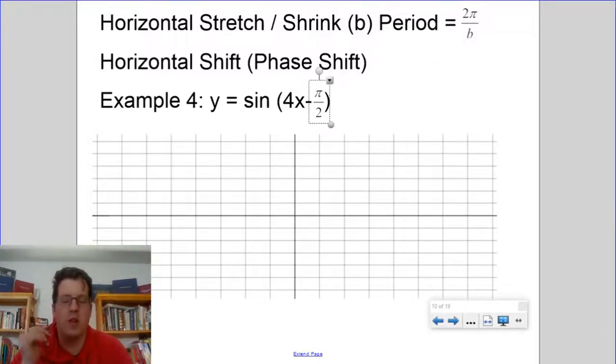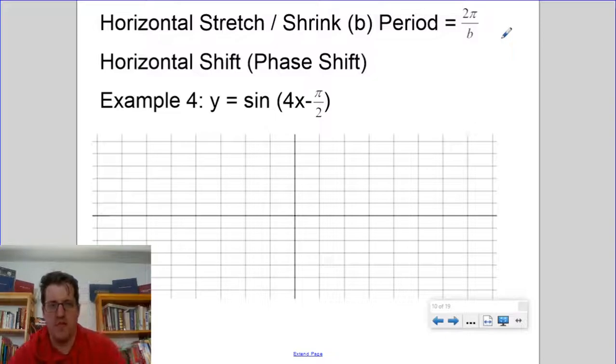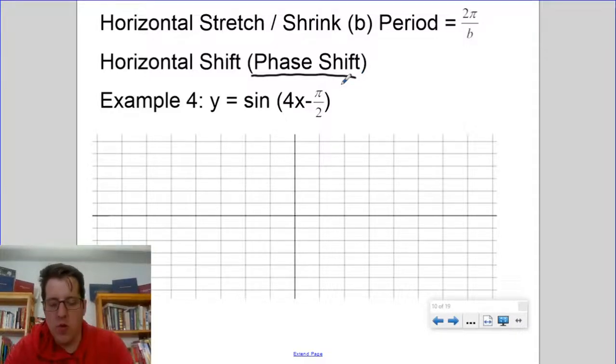And the final thing we're going to talk about here is moving the graph left and right. That is called a phase shift. Now, if you've been going to our Google Meets, we've talked a bunch about this and how the sine and the cosine are related.